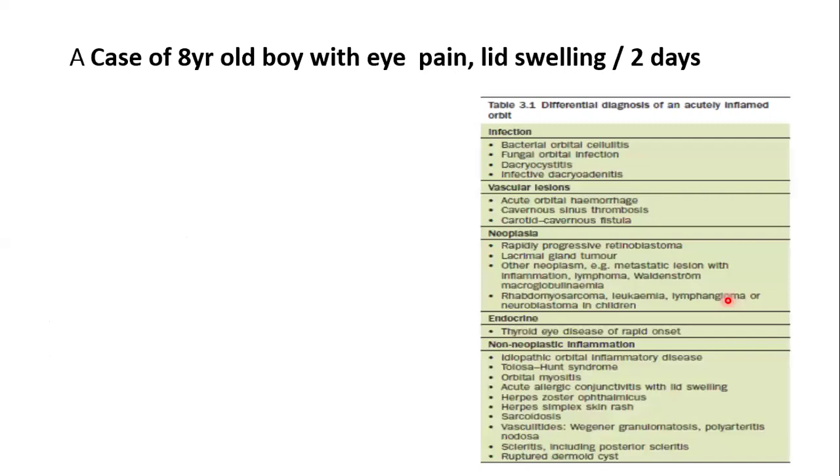Okay, so firstly, I will start with one of the most common cases. And I had that case actually in my exam, a case of 8-year-old boy with eye pain and lid swelling since 2 days. So we have a very large differential diagnosis, and I got that table from Kanski for all the acutely inflamed orbital swellings.